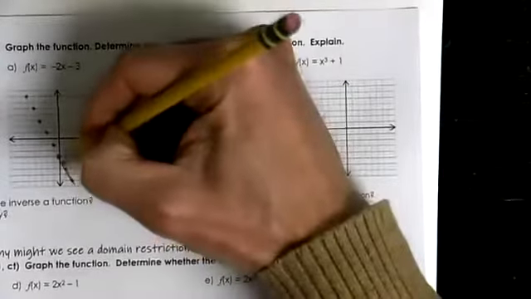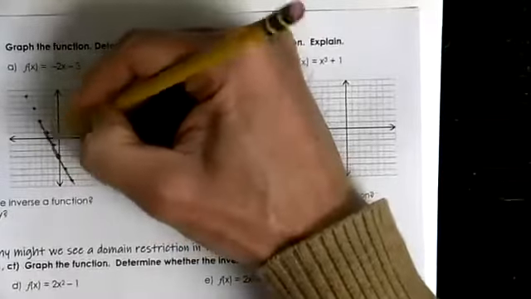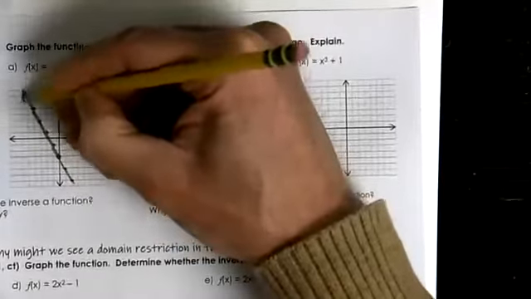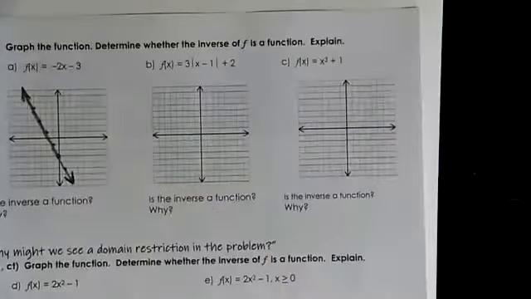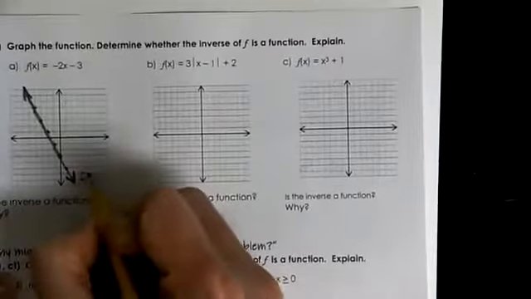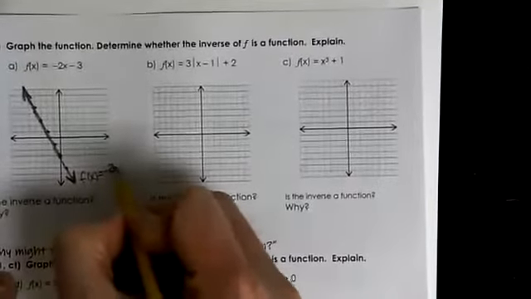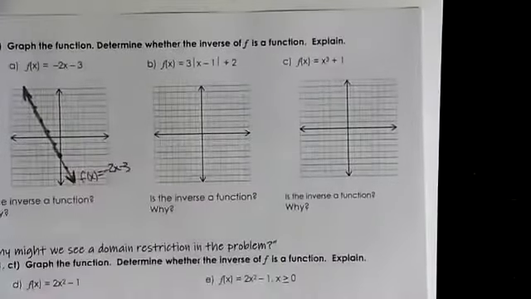So that gives us our graph. There's f of x equals -2x minus 3.